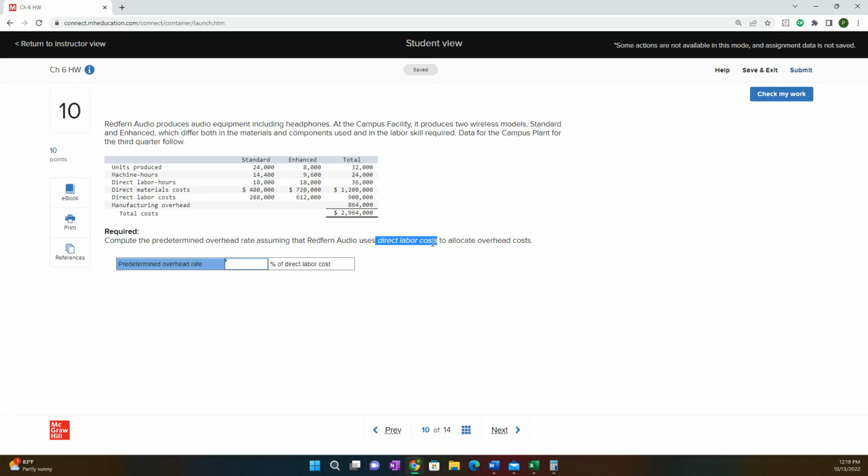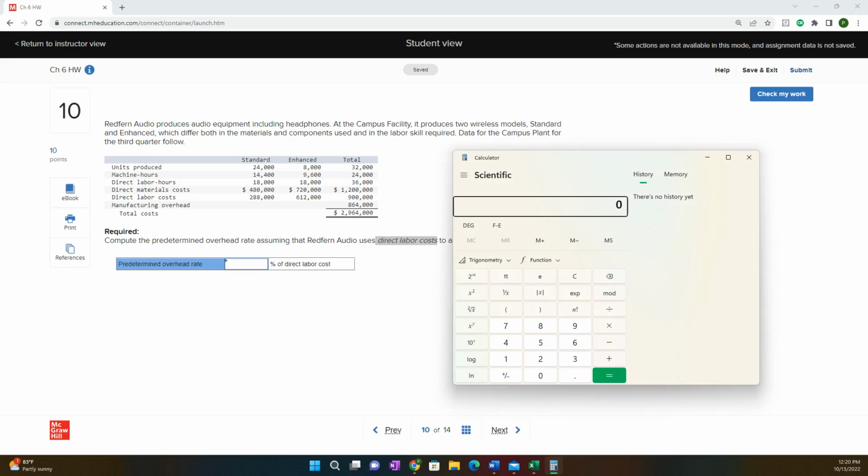So we're going to allocate the manufacturing overhead per the direct labor cost amount. So we're just going to divide the total overhead cost, which is $864,000, divide that by the direct labor cost, which is $900,000. And so we get 96%.